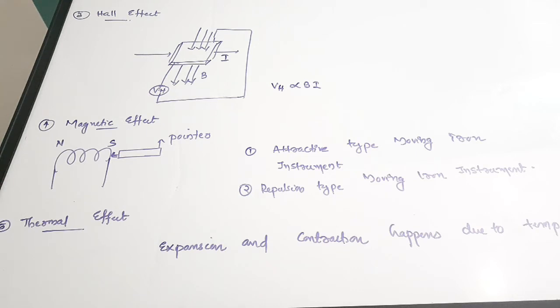This causes the pointer to move. That is the fifth classification, in which the thermal effect is the driving factor which causes the movement of the pointer. These are the five types of deflecting type indicating instruments. Next, we are going to see the controlling type indicating instruments.